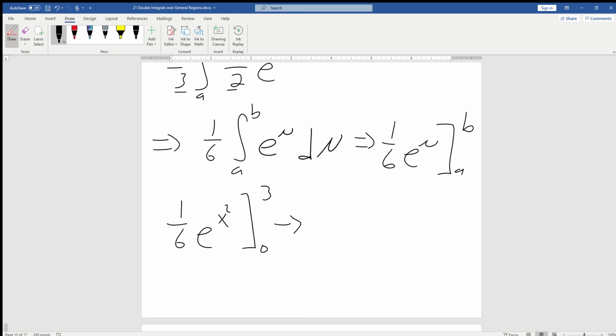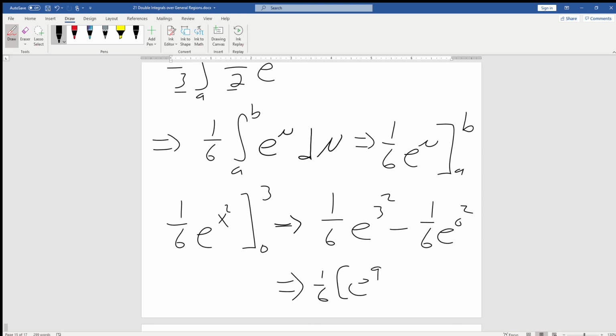We're going to substitute 3. We have to substitute 0 this time because it's not a polynomial. So we're going to get 1/6 e to the 3 squared minus 1/6 e to the 0 squared. Or we could rewrite this as 1/6 times e to the 9th minus 1.